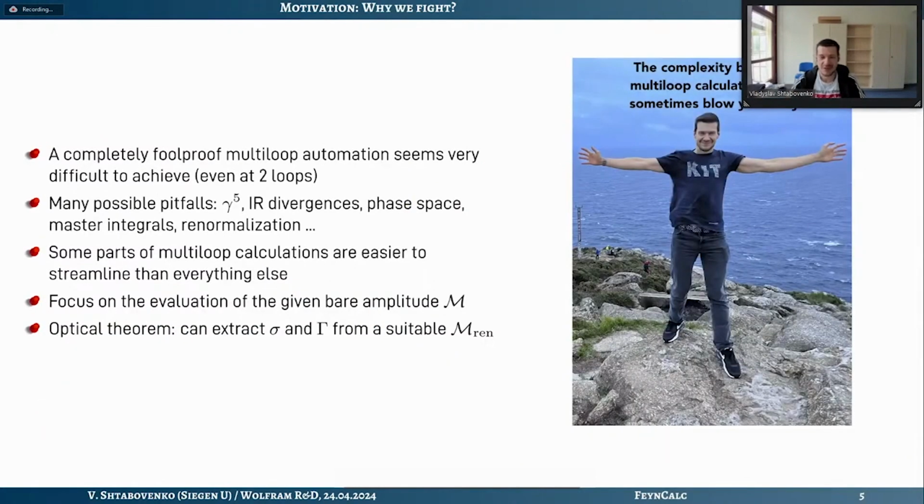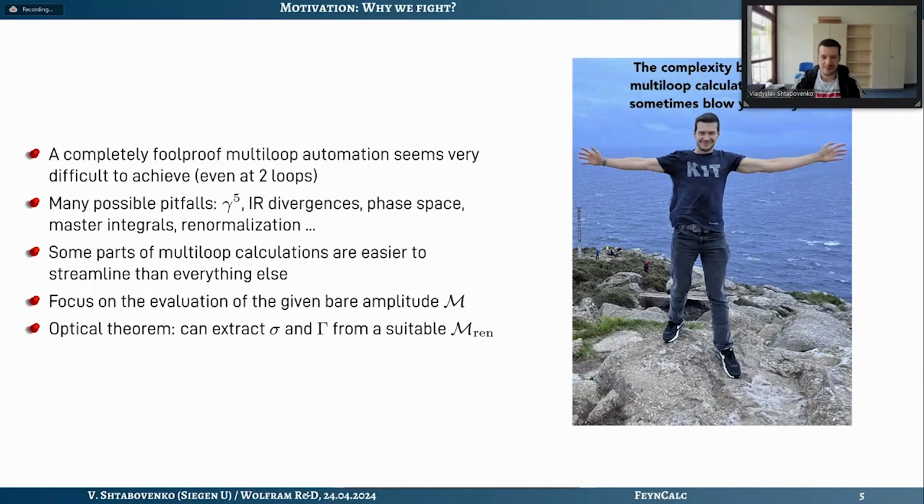Maybe to shed a bit of light on why it's so difficult to make it fully automatic, it's mainly because doing it foolproof, so that a person can just enter the process and hit enter, requires dealing with many potential pitfalls: the so-called issues of gamma 5, the fifth Dirac matrix extended to d dimensions, then infrared divergences, phase space integration, dealing with master integrals, renormalization for getting away from the UV divergences, and so on and so forth.